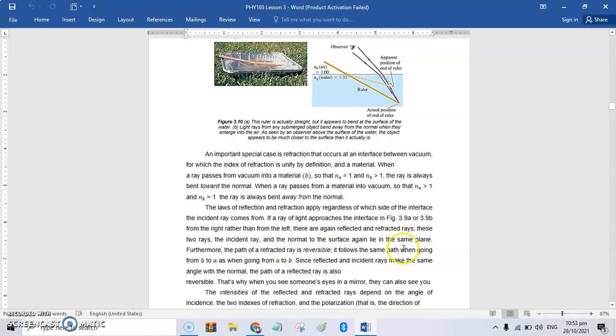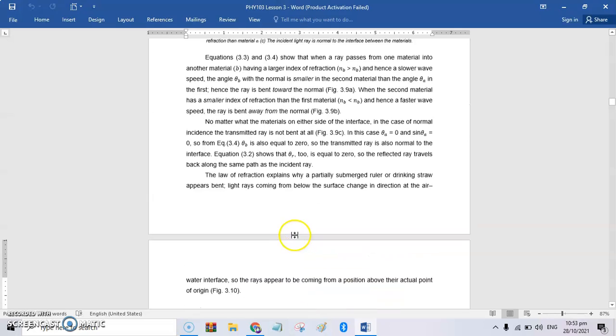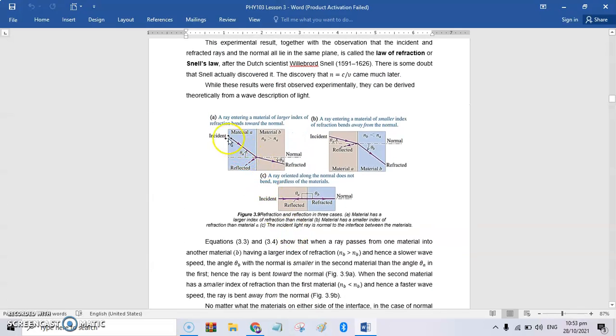It follows the same path when going from B to A as when going from A to B. So, it follows the same path regardless; for example, if the incident ray comes from here, it will follow this reverse pattern. Okay? Since NB is larger than NA, the reverse pattern when the light comes from here is just letter B, figure 3.9, letter B.